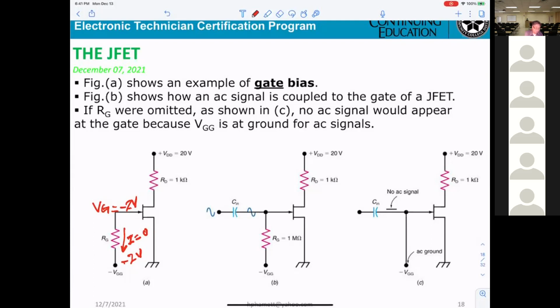Now that you say 1 mega ohm, it makes sense, because resistance is the opposition to current flow, and if it's a really huge resistance, current won't be able to flow. It would have been nice to know that RG is 1 meg or bigger. That's what I said, they already gave it to you right here, 1 mega ohm.